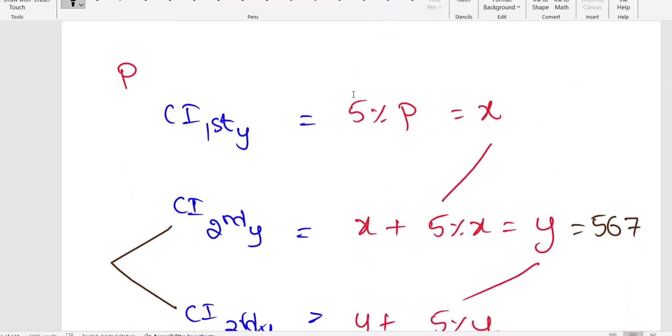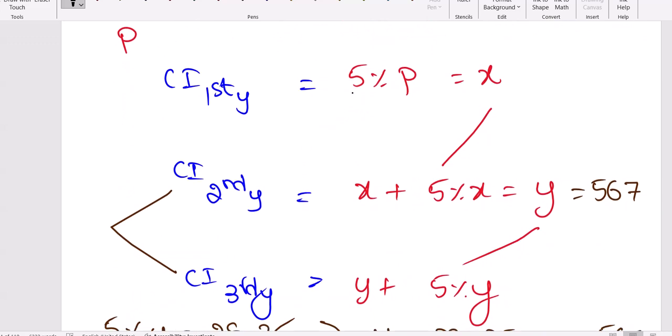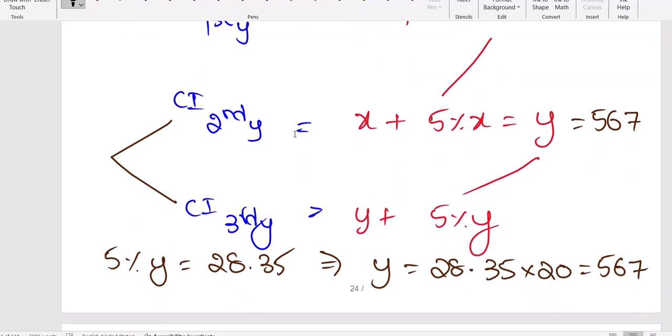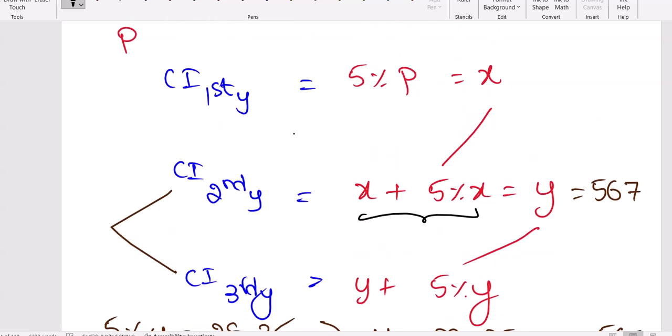Now, to avoid complication, I am considering this value equal to Y. Next, third year is Y plus 5% of Y. In the question they gave the difference between second year and third year is 28.35, meaning the difference between these two is 5% of Y. Calculate Y, then from that calculate X, and from that calculate P.